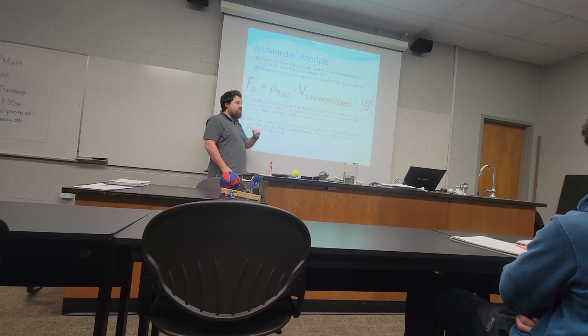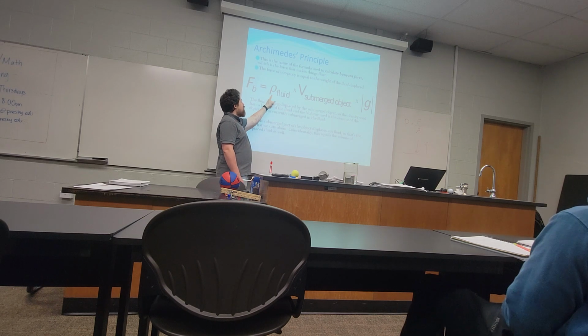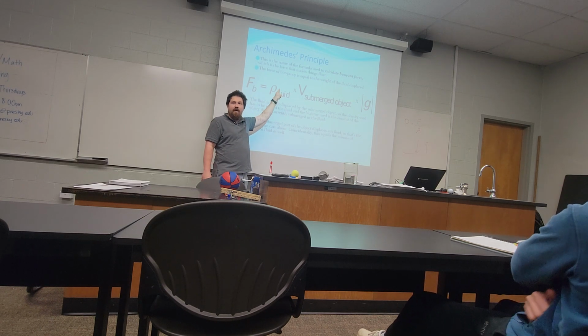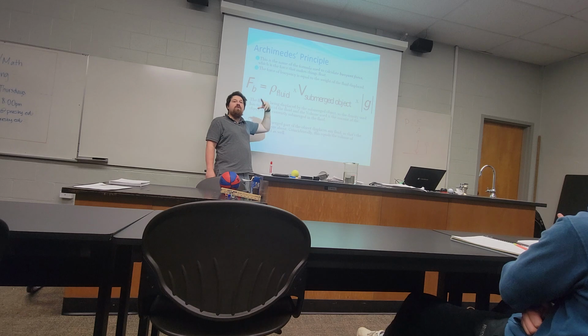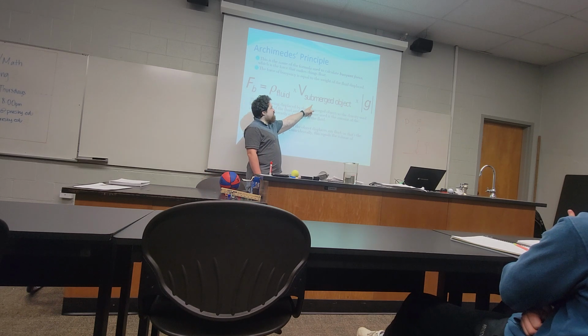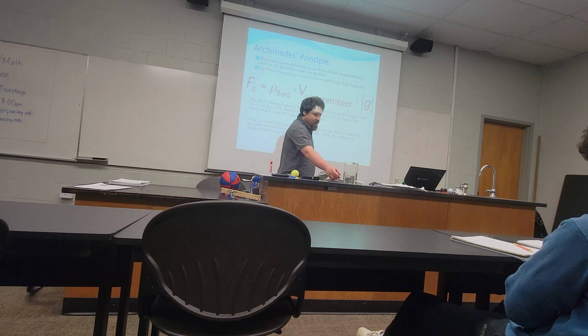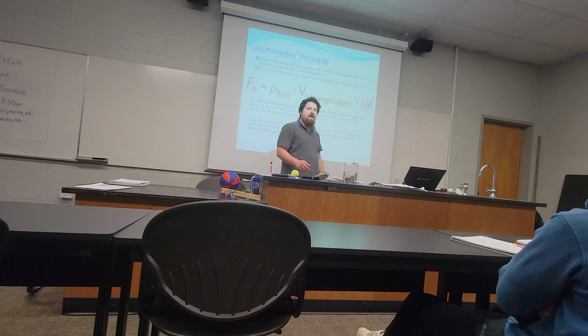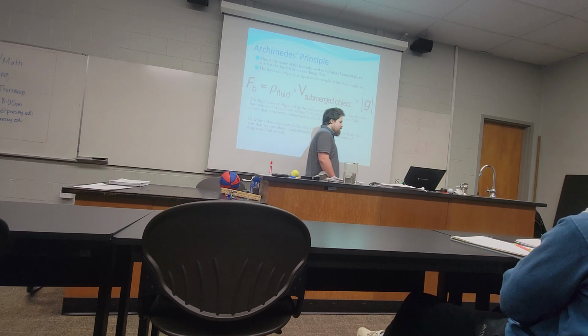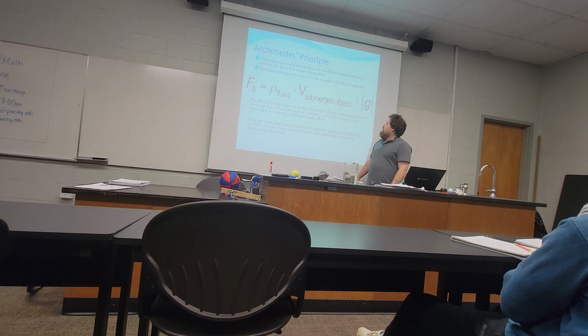And the value of that buoyant force is going to be equal to, first, the density of the fluid, because the fluid is what is creating the buoyant force. Next is the volume of the submerged object. So in this case, that would be the volume of this piece of metal, which again is about 100 milliliters. And then the absolute value of g, once again, for the strength of gravity on this planet.